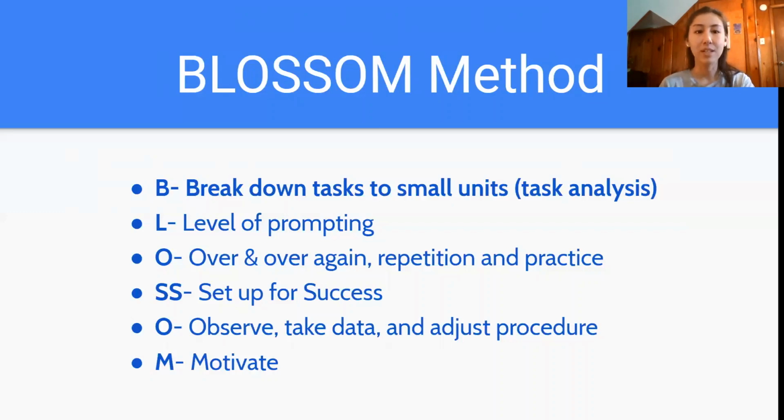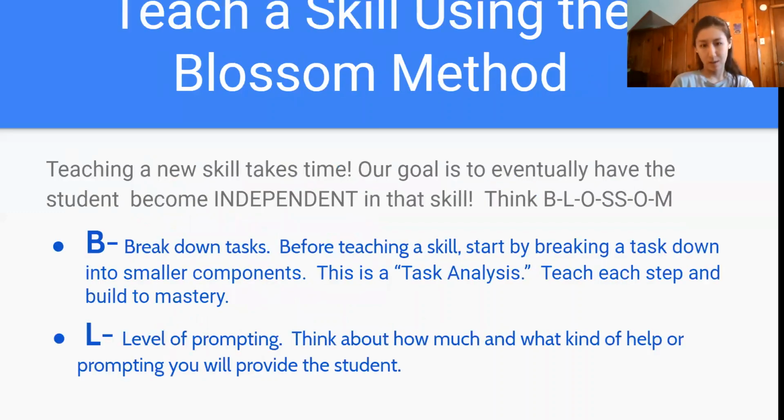Up first is B, to break down tasks. And this could be done in as broken down a way as possible. A simple task for us could be, go pick up that glass of water on the other side of the room. We would just go pick it up, but one of our students may see 10 different steps in there.